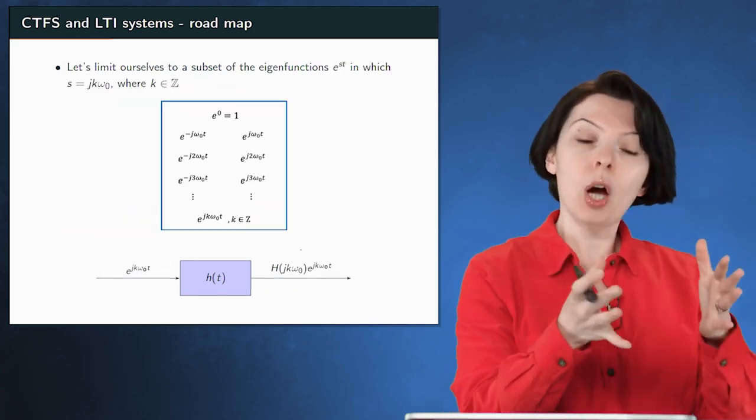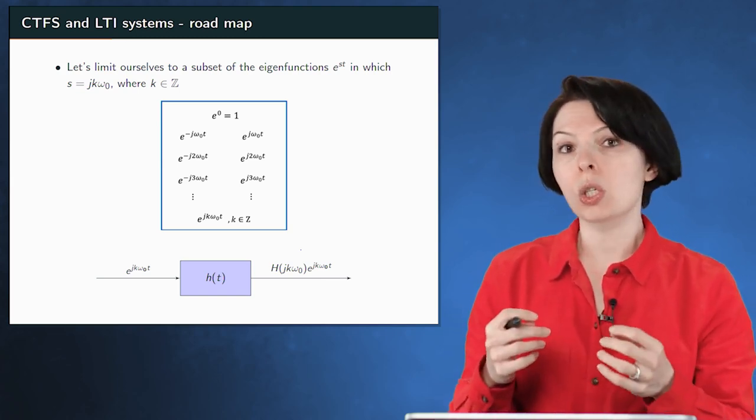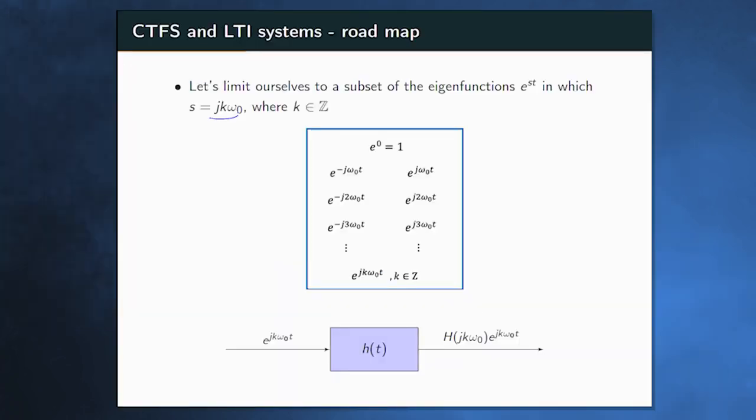All right, so now let's limit ourselves to a subset of eigenfunctions e to the st in which s is purely imaginary. So if s equals alpha plus j omega, let's set alpha equal to 0 and use only the exponentials in which s is equal to j times k omega naught. So the set of base functions is reduced to e to the 0, e to the j omega naught t, e to the j 1 times omega naught t, e to the j minus 1 times omega naught t, e to the j 2 times omega naught t, and so on and so forth.